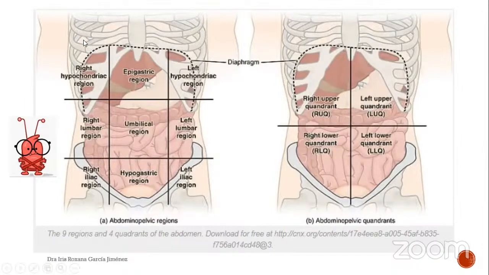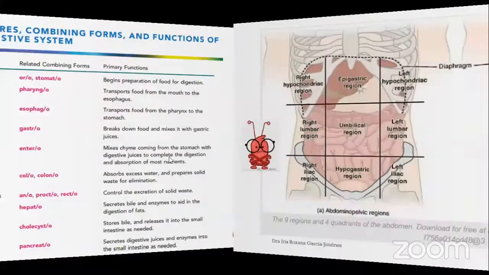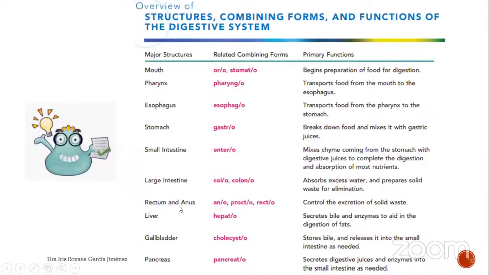The major structures in this case, and the related combining forms, are: for mouth, oro, stomato; pharynx, pharyngo; esophagus, esophago; large intestine, colon, colono; rectum and anus, ano, procto, recto; for liver, hepato; gallbladder, cholecysto; pancreas, pancreat or pancreato.